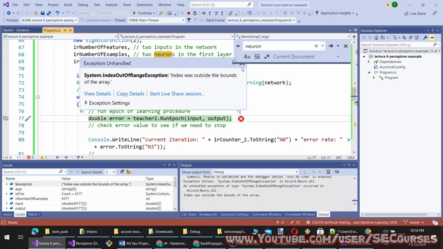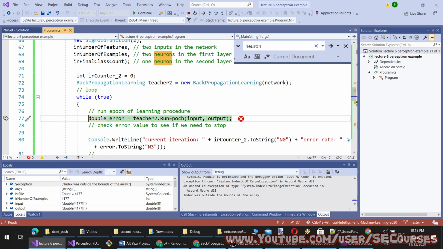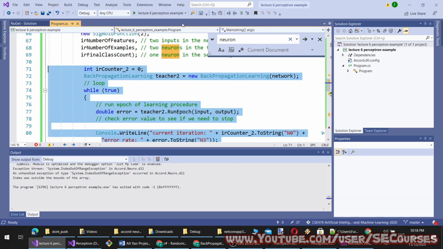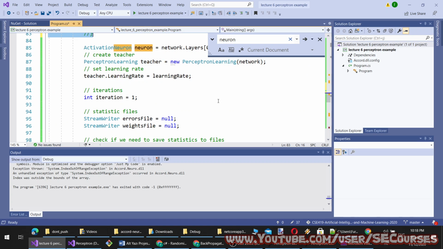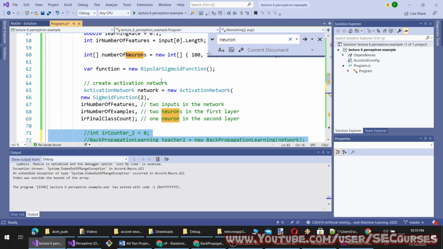Okay, we are still getting error, which is very annoying. Okay, let's change this like this and see if our previous network will work or not.